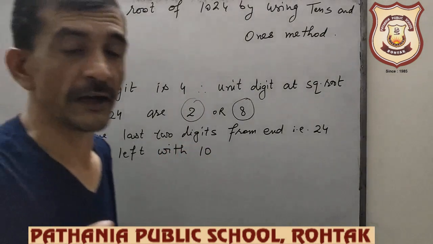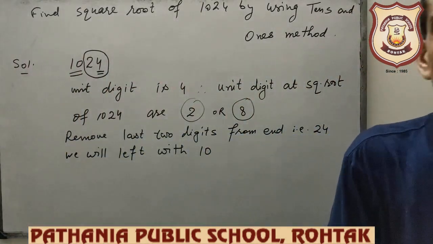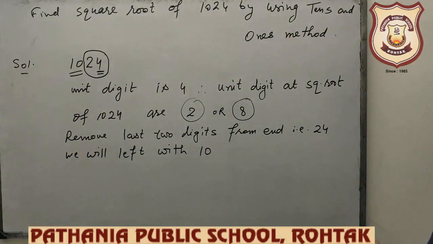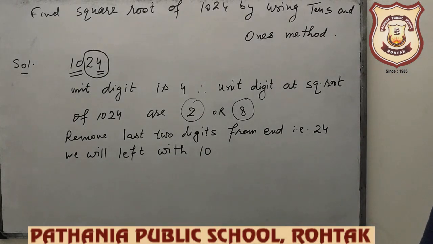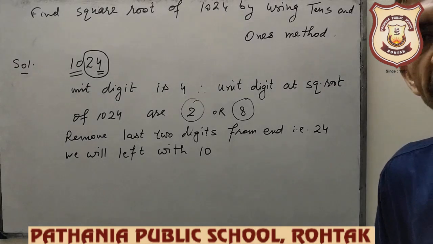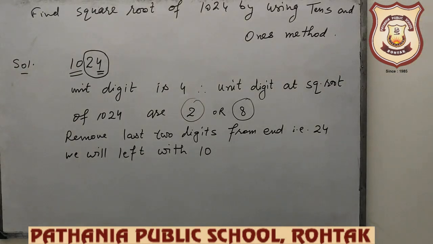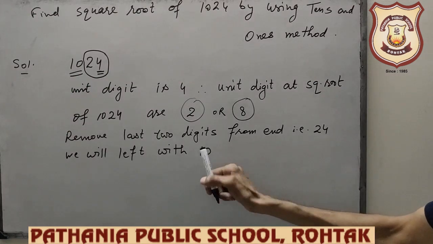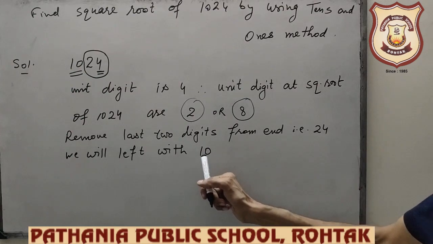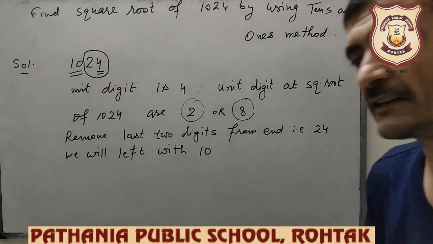Now you think of a number whose square is just less than 10 or just equal to 10. Think of a one digit number: 1 square, 2 square is 4, 3 square is 9, 4 square is 16. 16 is greater than 10.